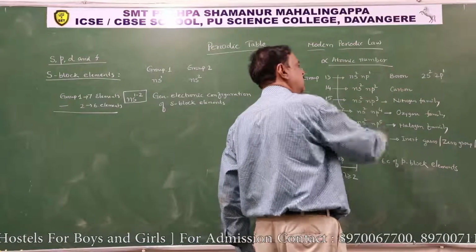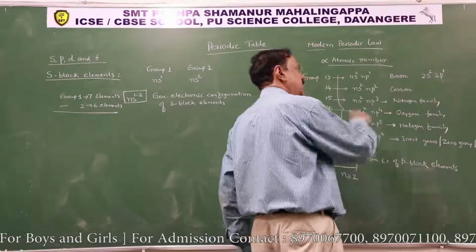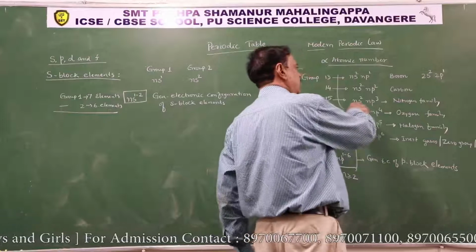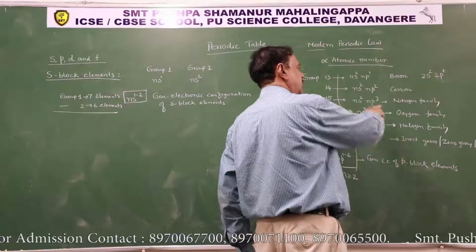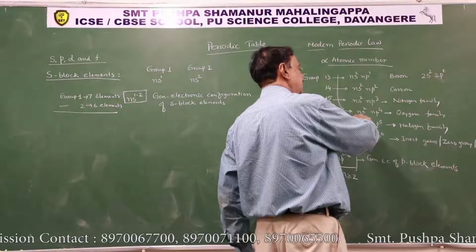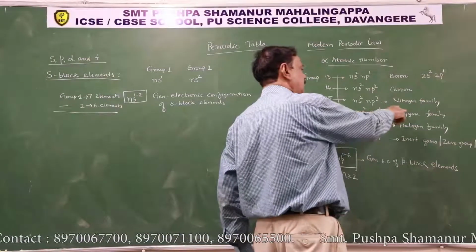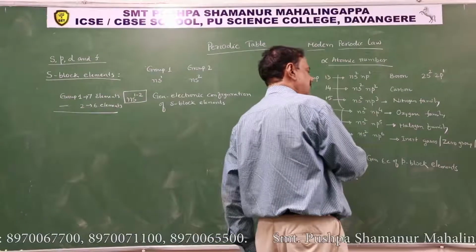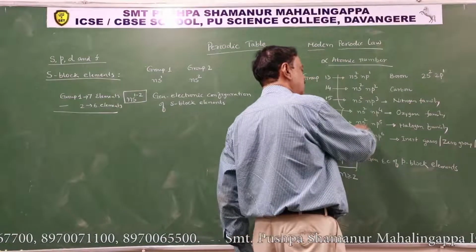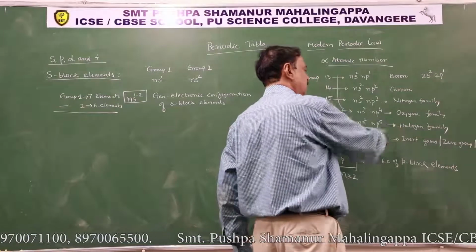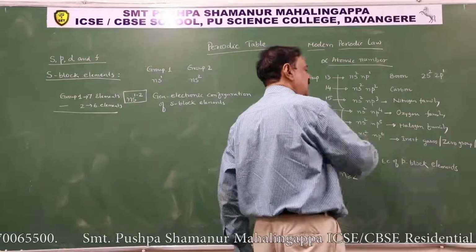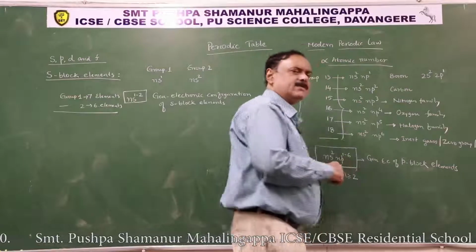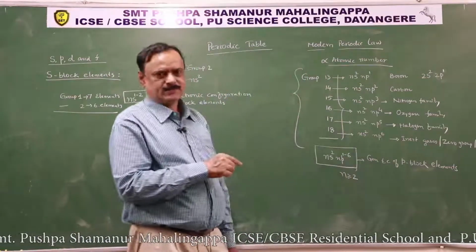By putting n is equal to 2, 2s2 2p2 configuration. By putting n is equal to 2, 2s2 2p3 configuration, that is for nitrogen. By putting n is equal to 2, 2s2 2p4 configuration, that is for oxygen. By putting n is equal to 2, 2s2 2p5 configuration, that is for fluorine, the first member. There is a 2s2 2p6 configuration, that is for neon electronic configuration.